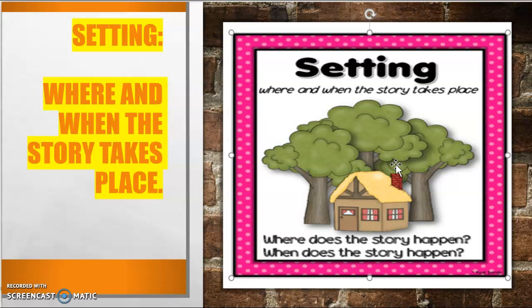It took place in the summer, at night, in the daytime. It took place many years ago, yesterday. That's the time. So where is the place where a story takes place? And when is the time the story takes place?